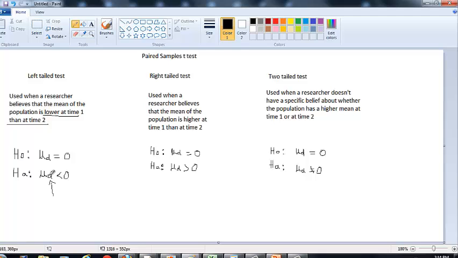And if all of those difference scores across the population are averaged, you get a mean difference score for the entire population. If the mean of the population is lower at time 1 than at time 2, it means that the mean difference score of the population is less than 0, which means a negative change.